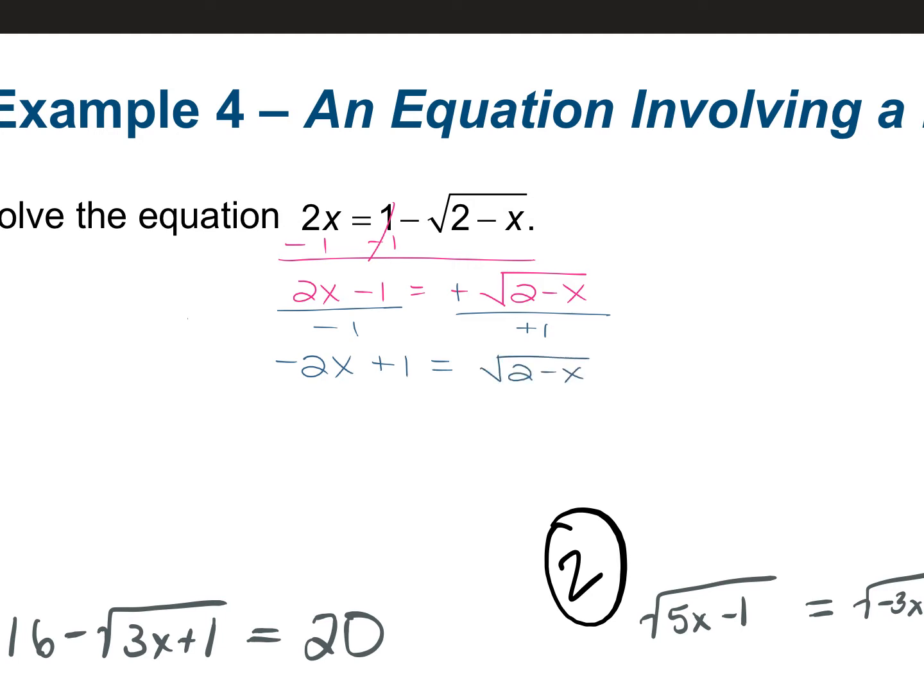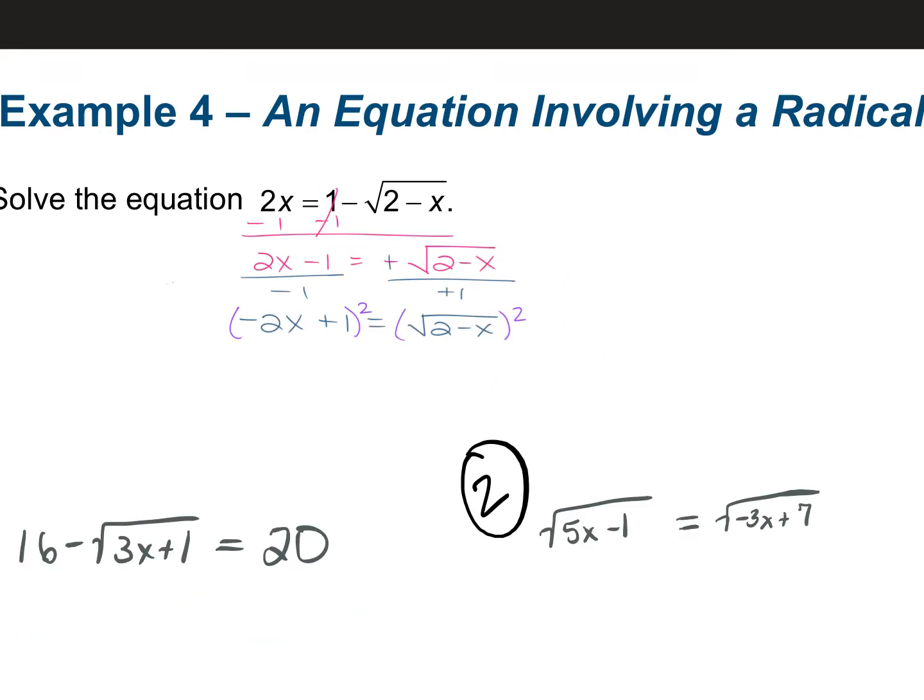From here, we're going to take both sides and square them to get rid of that radical. So we're going to square the right side, square the left side. So this would give you the negative 2x plus 1 times negative 2x plus 1 is equal to just the 2 minus x.